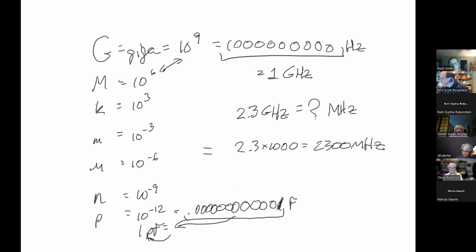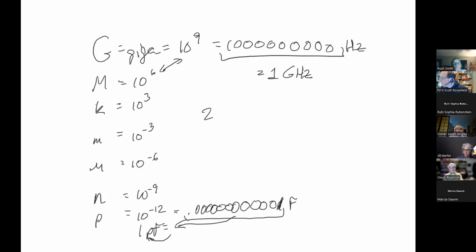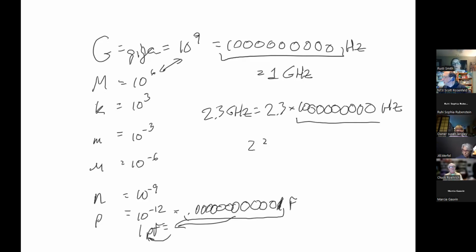The other way we can do this, if we didn't want to go that route, is we could say 2.3 gigahertz is 2.3 times 1,000,000,000 hertz. And then we could separate this out and say it's 2.3 times 1,000 times 1, 2, 3, 4, 5, 6, 7.